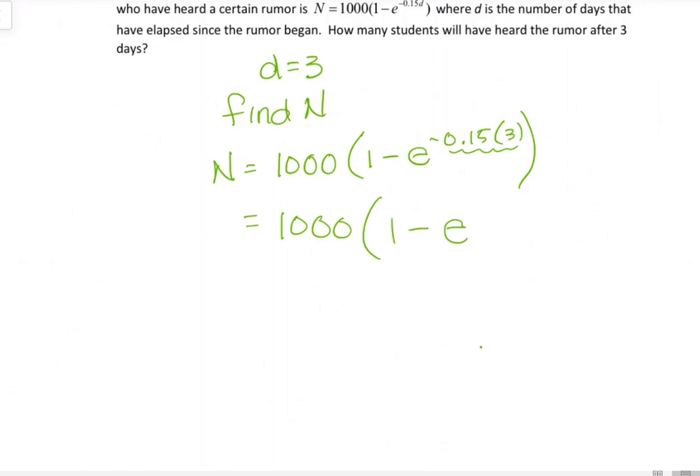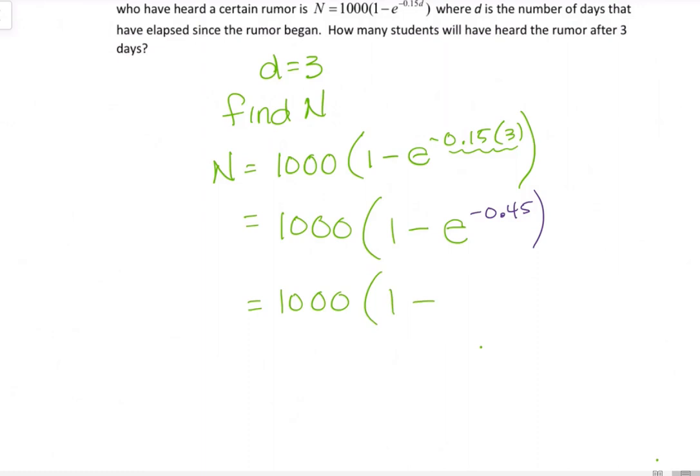So if I multiply 0.15 times 3, I get a new exponent of negative 0.45.